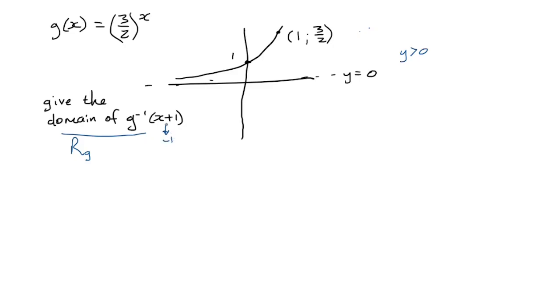So all that's happened is that instead of having an asymptote of y equals 0, it would just go down 1. So it would be y equals minus 1. And so the original graph's range, if you like, would be y is bigger than minus 1.